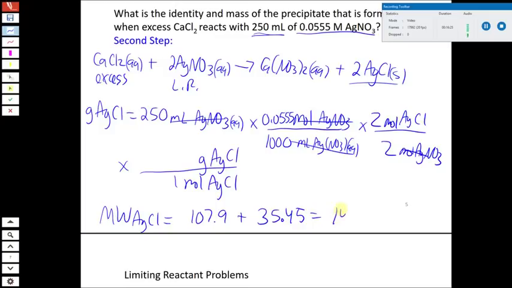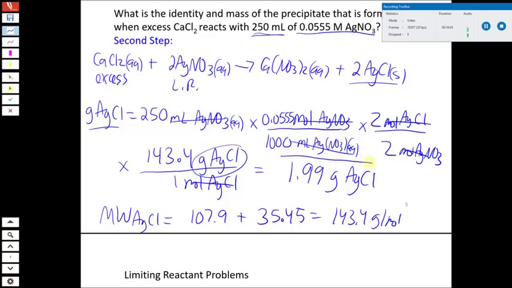So it's going to be 143.4 grams per mole. So we're going to put that number up here to convert back into mass. So moles of silver chloride cancels. That gets us to grams, which is what we're looking for. So we stop there and we get 1.99 grams.